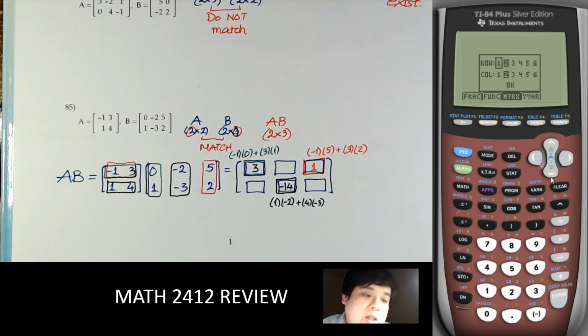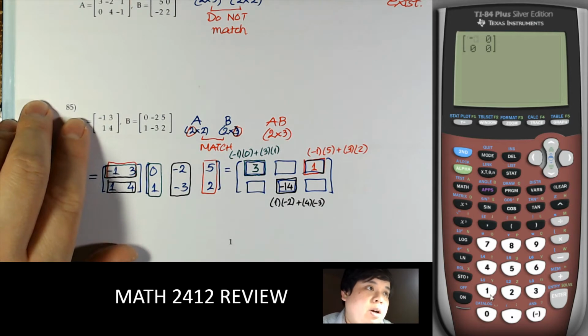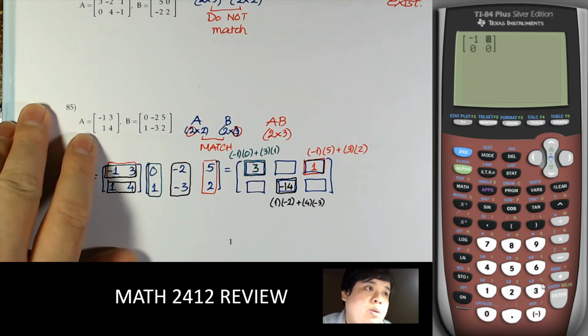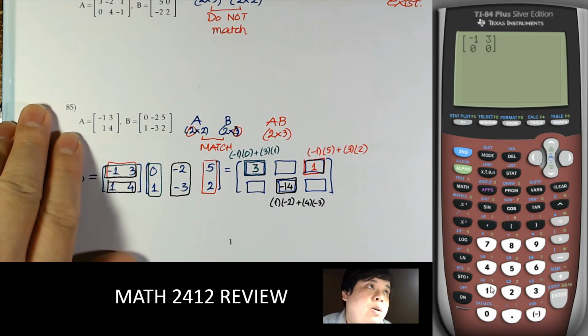Alpha zoom, 2 by 2 is the first one, which is okay there. Negative 1, 3, 1, 4, alpha zoom.